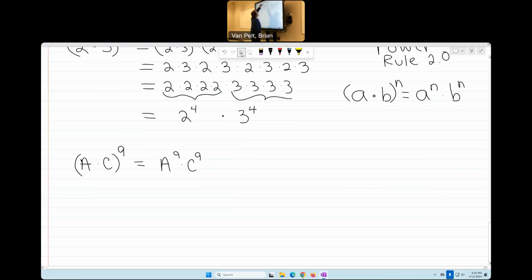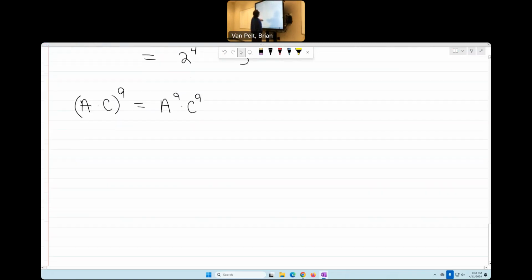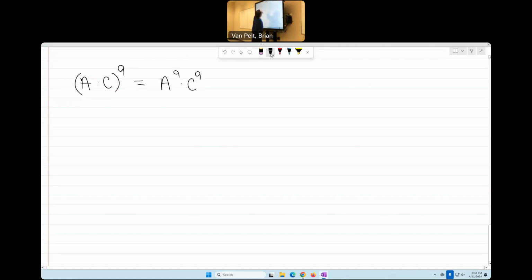So let me use some concrete numbers for this thing. The next thing I'm going to do is 2 divided by 3, and this time I'll raise that to the fourth power. And I'll do it the same way I've done all the other ones.